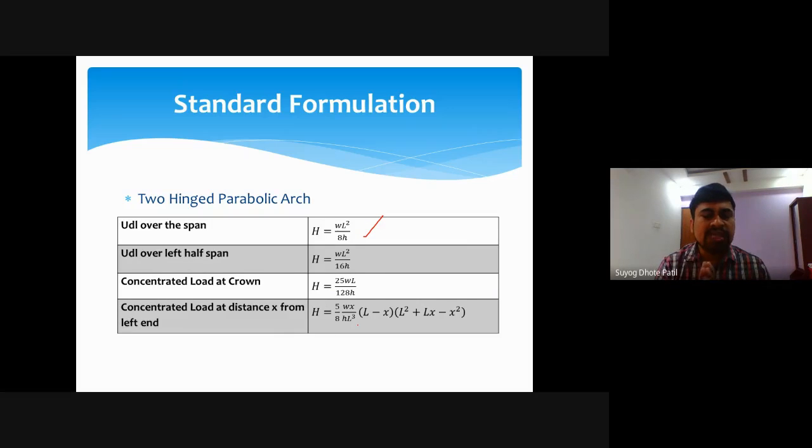So here we have calculated only the horizontal thrust. There are different load conditions, and under each load condition there is a different standard formulation for the calculation of horizontal thrust for the two hinge parabolic arch.